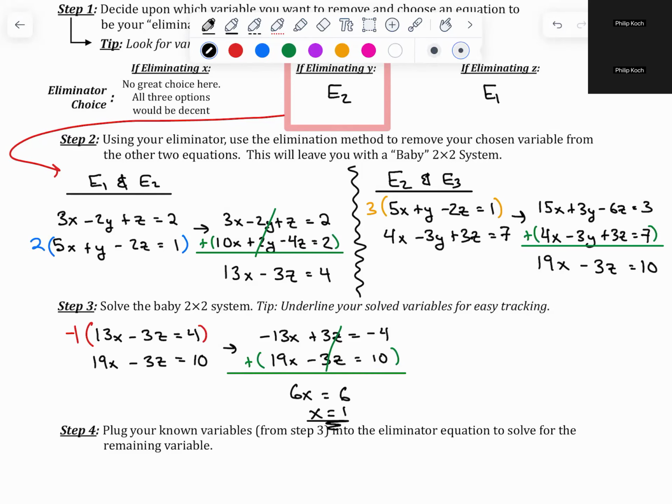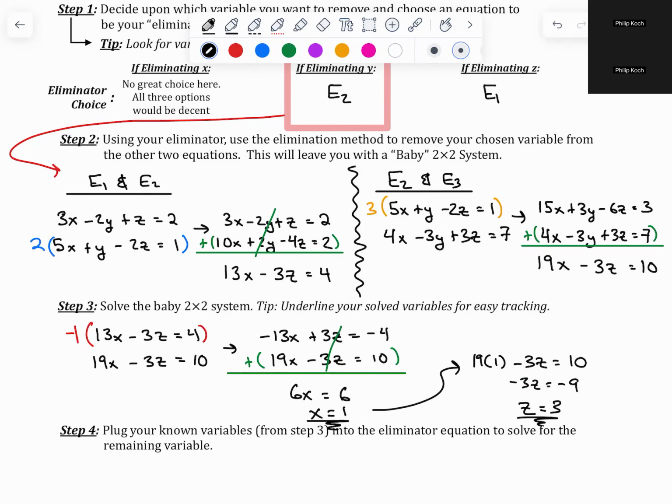Then we can use either one of the original equations in the baby system to solve for z. So I'll just use the bottom one. 19 times 1 minus 3z is equal to 10. That's negative 3z equals -9, and z equals 3. Okay? So we've solved the baby system. We found two of the variables.